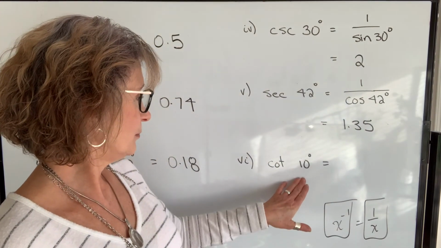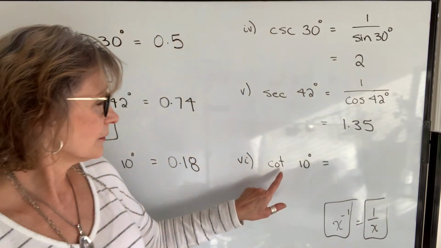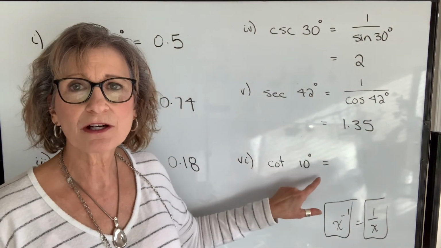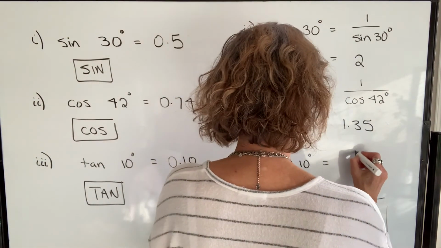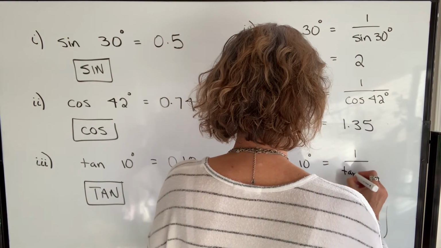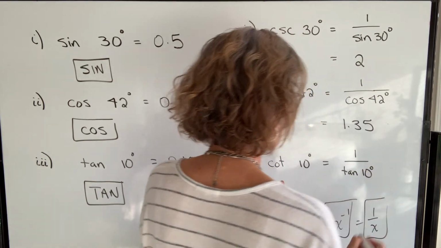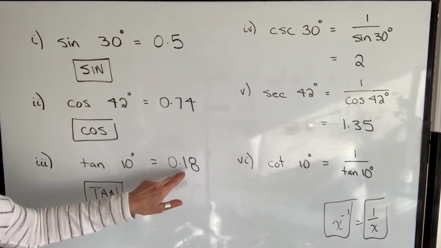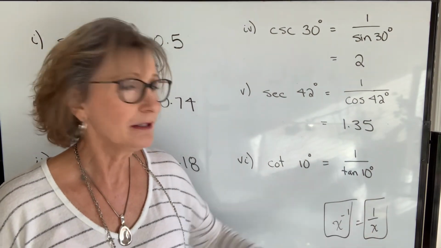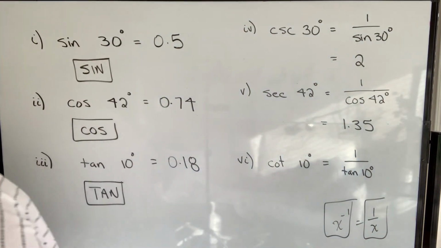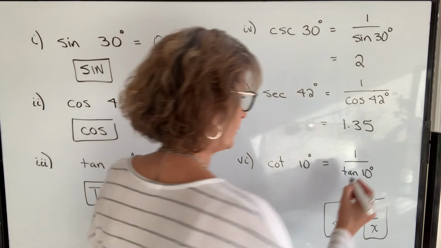Our last example: remember, if you're asked to find the cotangent of a function, that's the reciprocal of tangent. So we start by finding the tangent of 10 degrees, which we found here. And then we take the reciprocal using our reciprocal key on our calculator, and you should get a result of 5.67.